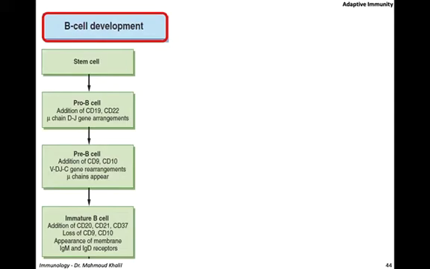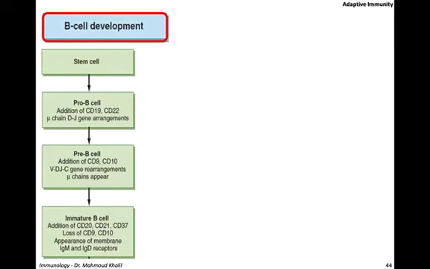Soon after that, with the addition of CD9 and CD10, and further rearrangement of the gene segments, it differentiates into a pre-B cell. Soon after that, it reaches the immature B cell, which is still in the bone marrow, through the addition of CD20, 21, and 37, and the loss of CD9 and CD10.